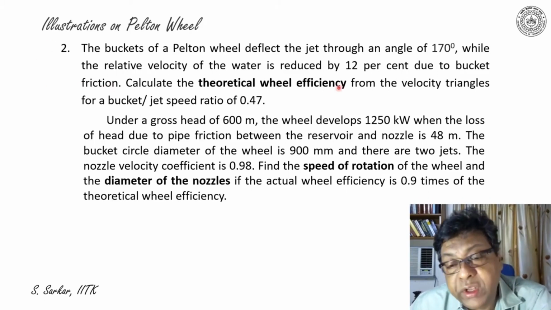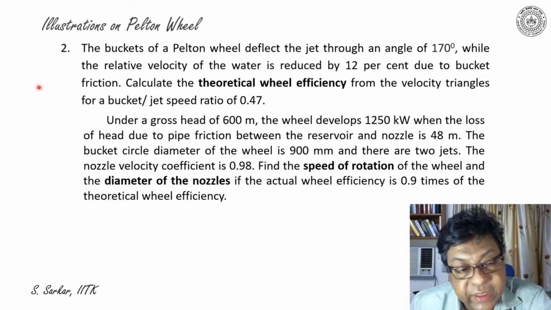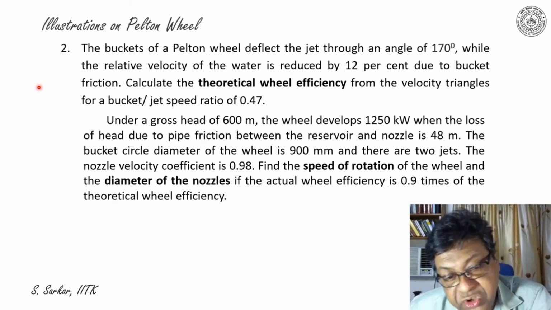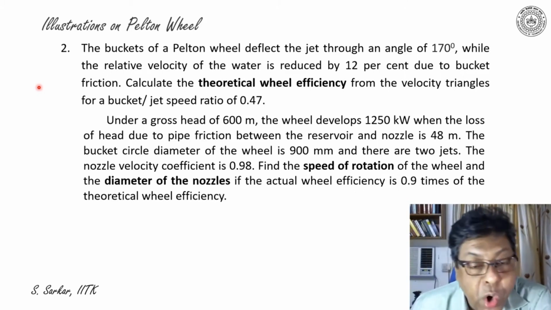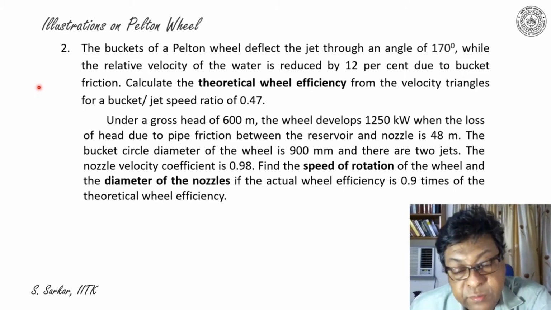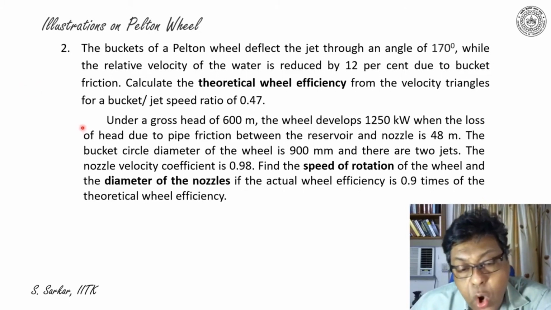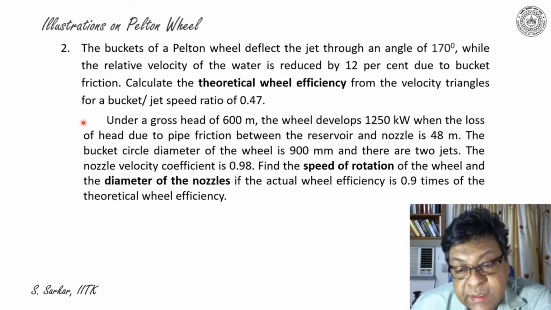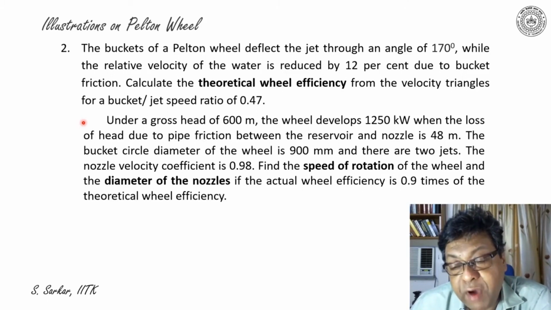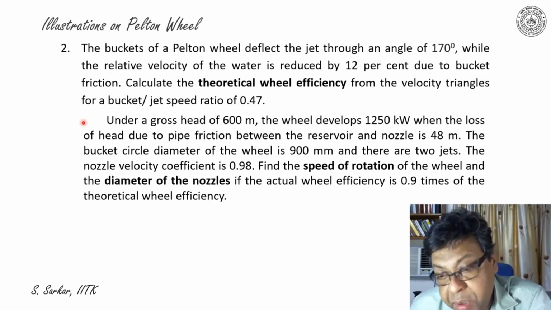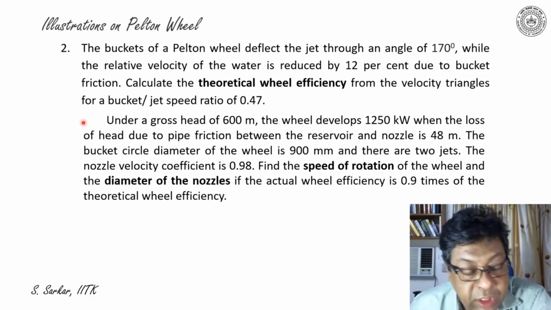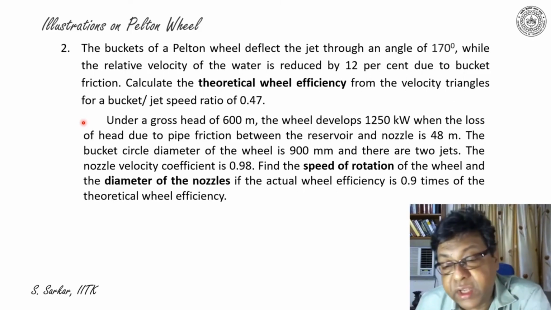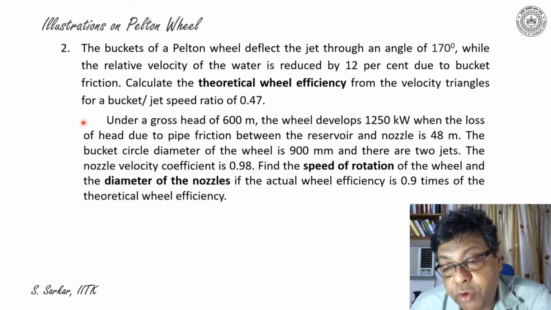Calculate the theoretical efficiency from the velocity triangle for a bucket to jet speed ratio of 0.47. Under a gross head of 600 meter, the wheel develops 1250 kilowatt power when the loss of head due to pipe friction between the reservoir and the nozzle is 48 meter.